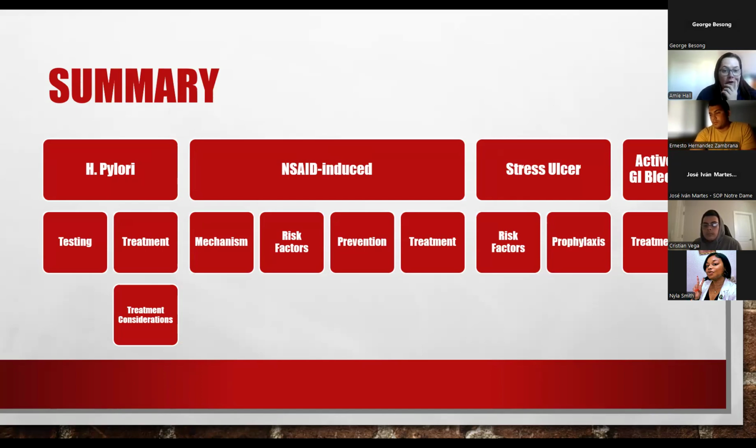Besides H. pylori, NSAIDs, and stress, you can have cancers that can cause peptic ulcers. So that's why we need to do an endoscopy to see. So there are other causes, but not causes that are directly related to things that pharmacists can do with medications. So there are cancers that can cause peptic ulcer disease.